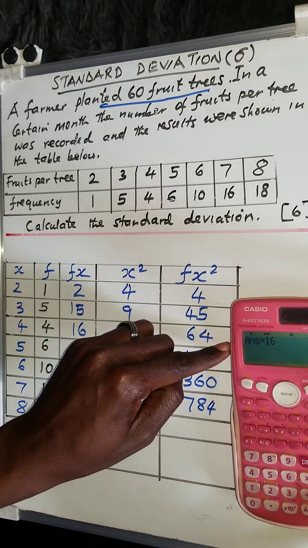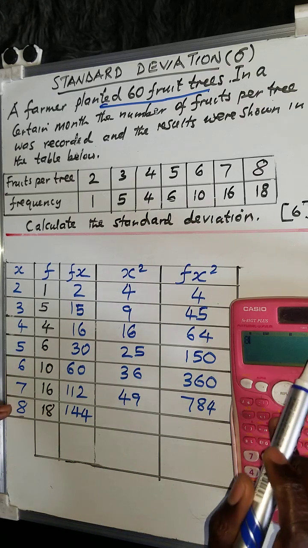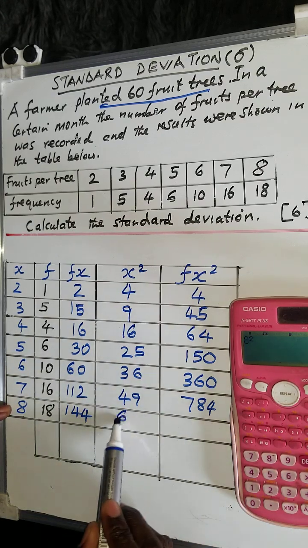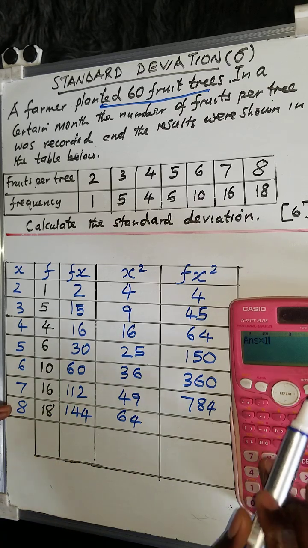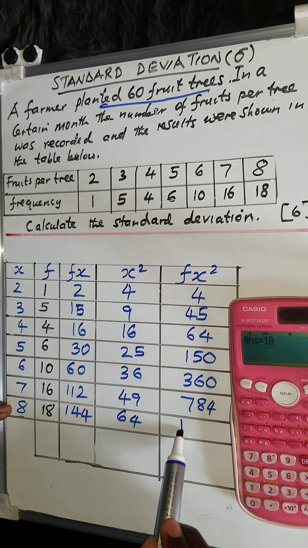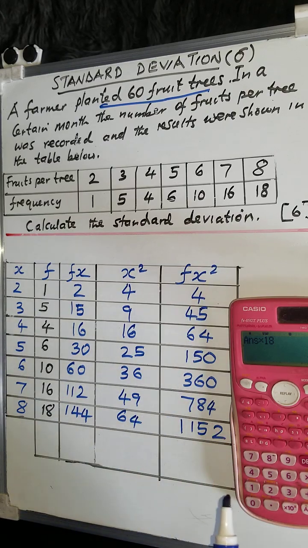I hope you're able to see what I'm doing on my calculator. The next one is 8 raised to the power 2, that gives me a 64, but 64 multiplied by 18 gives you a 1152. So you can see I've quickly filled up the table.